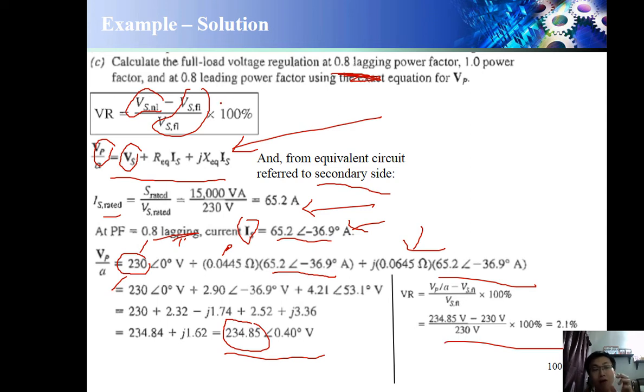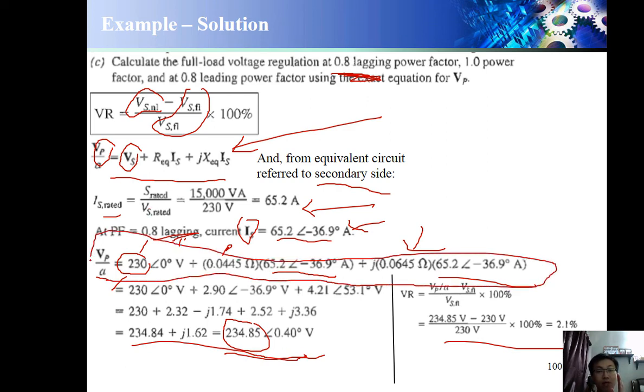Okay? So this is how we need to know what a phasor diagram is, where from this equation we can see that if now the transformer is connected at 230 volt, what if at that instant I take off the load?